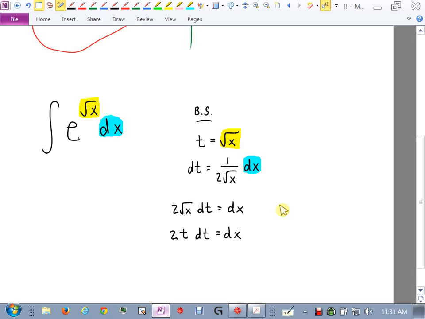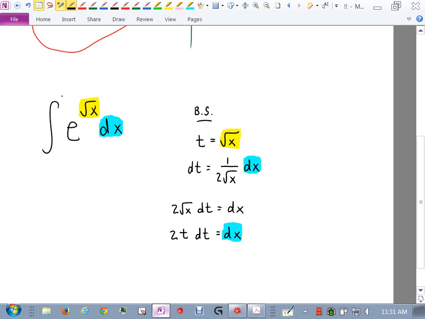All right. Next. Can I rewrite now? I'm going to replace dx with 2t dt, and I'm going to replace the square root of x with t.